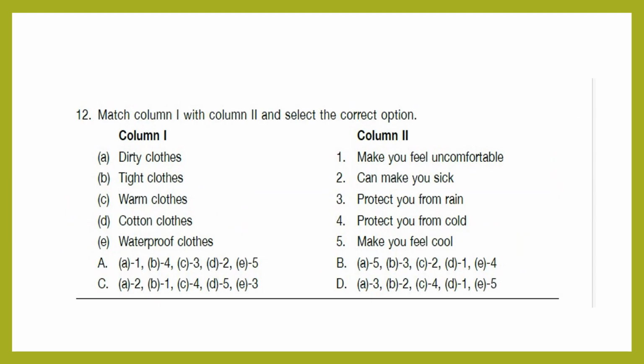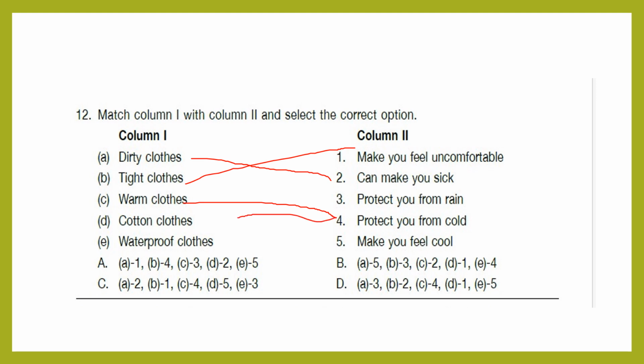Question number 12. Match column 1 and column 2 and select the correct option. Column 1. Dry clothes can make you sick. Tight clothes make you feel uncomfortable. Warm clothes protect you from cold.